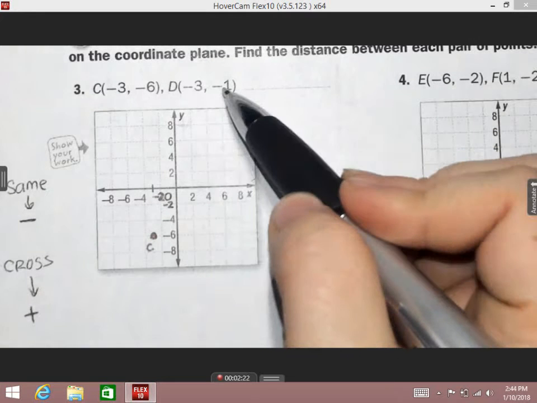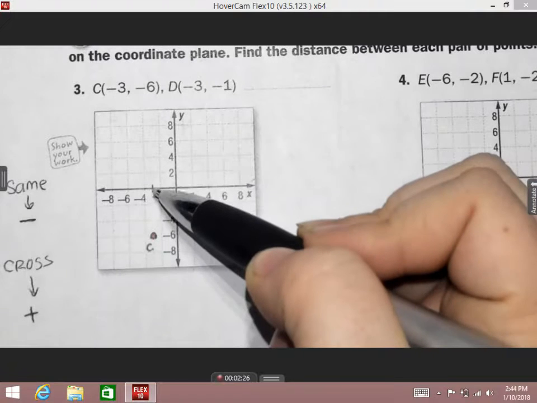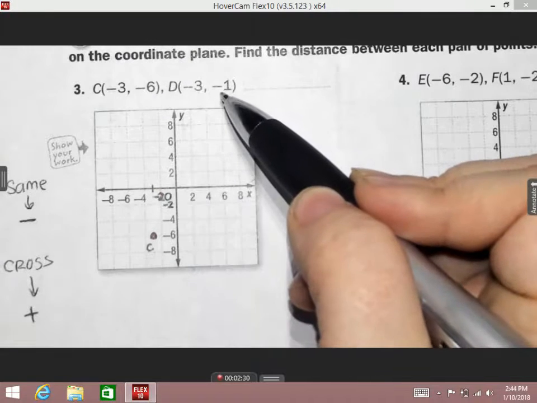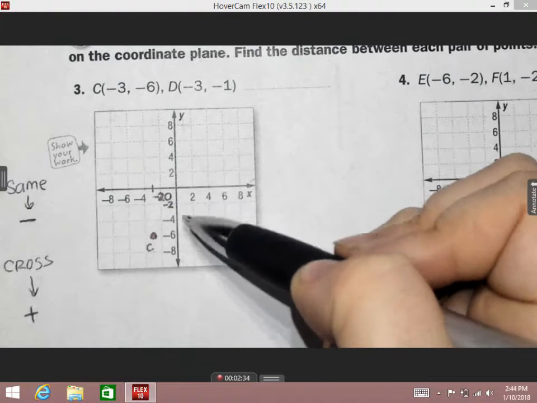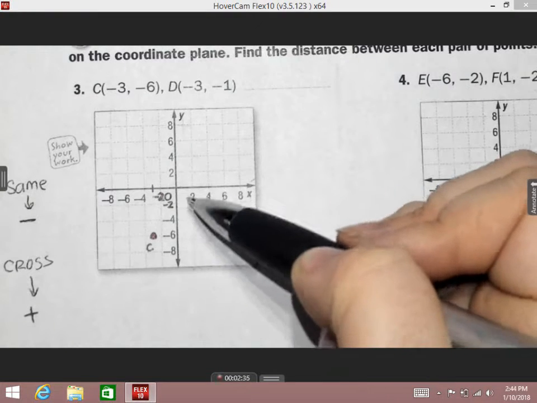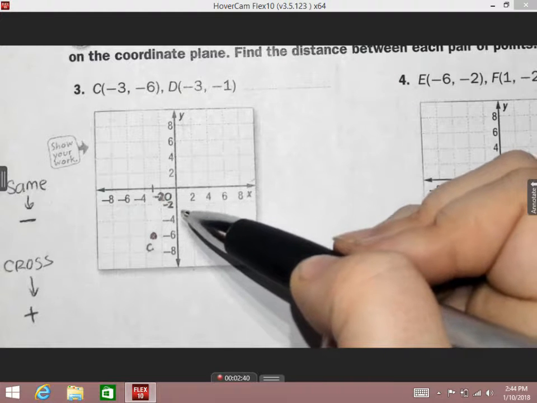Now let's graph D. When I graph D, again, it's at negative 3. I've already put a little mark there to help me remember. Now this time I've got to go down to negative 1. Uh-oh. I have no negative 1 on the Y. So where is that going to be? Addison? That's right.